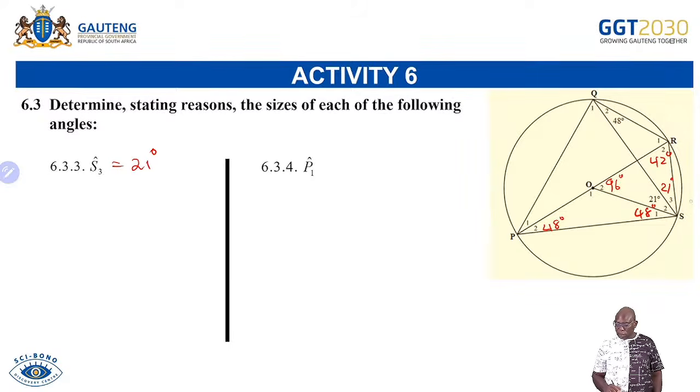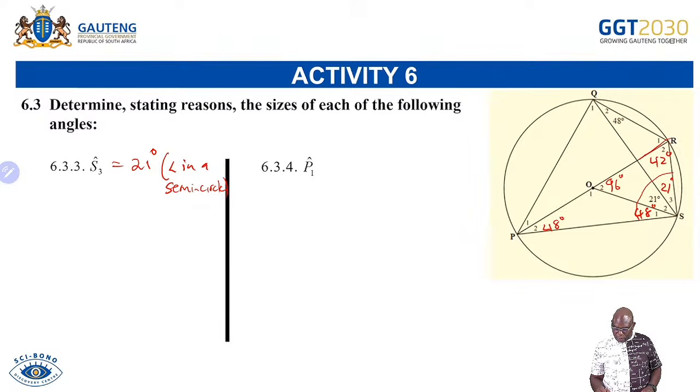So there's no problem with that. So S3 is 21. What will be the reason there? My reason can be that the whole angle S1 plus S2 plus S3 will be 90 degrees. So in my reason there, I can just say angle in a semicircle.